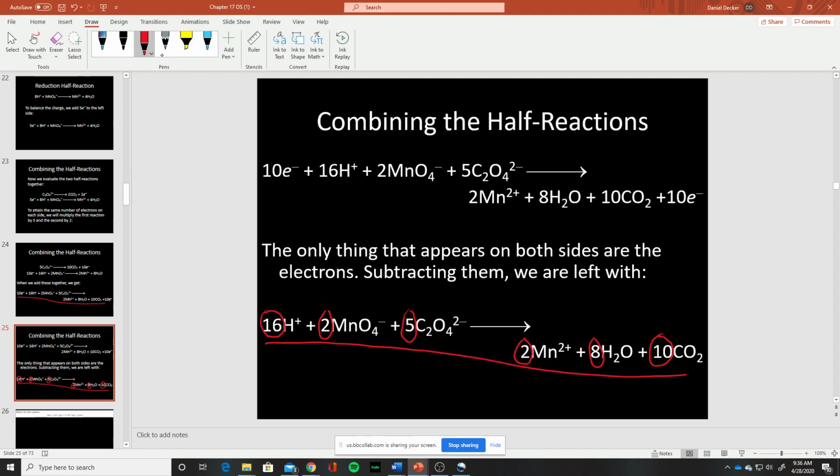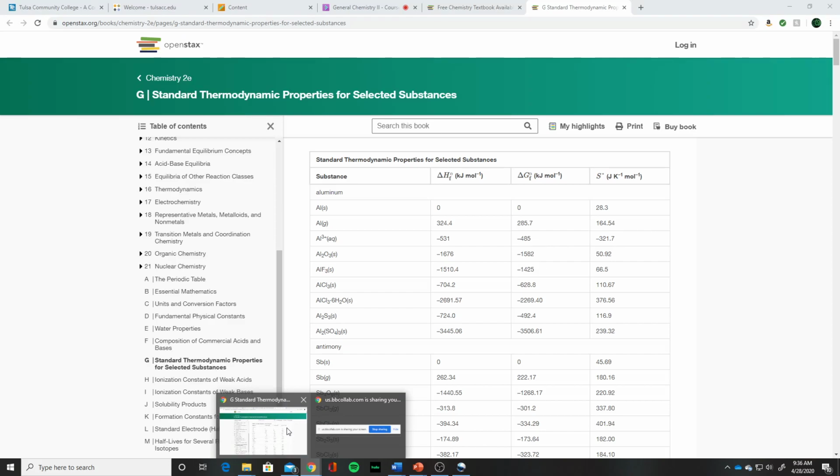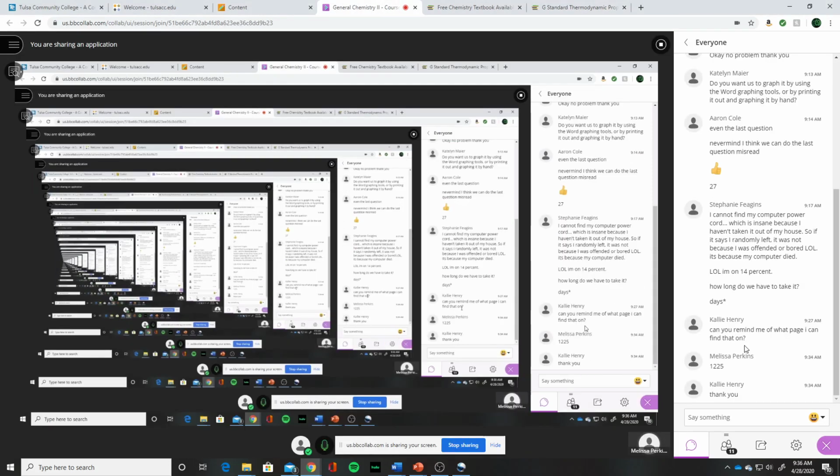If you are balancing the equation and you don't end up with that, then that's a big clue that you did something wrong. So it's not my favorite way of asking the question because of that, but it does still give me the opportunity to gauge how well you are balancing equations. So that's how I've decided to do it.